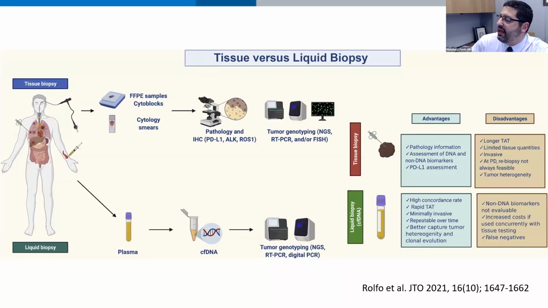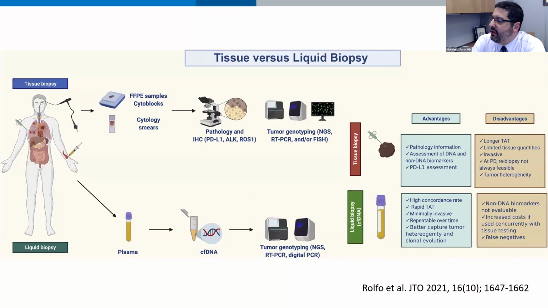So you can get pathologic assessment. Is it large cell neuroendocrine? Is it adeno? Is it squamous, et cetera? You can assess non-DNA biomarkers. You can assess for PD-L1, which liquid biopsy does not. Again, that's very important. Some patients with high PD-L1 scores, for example, greater than 50%, in stage 4 can just be treated with immune checkpoint inhibitors. So that's very important to find.